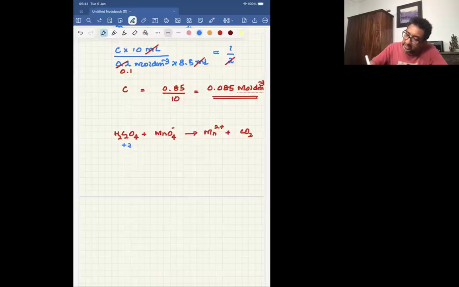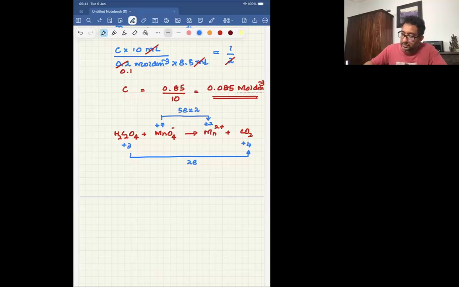Plus 3 turning to plus 4, 1 electron each, that is altogether 2 electrons. This is plus 7, this is plus 2, 5 electrons. Multiply this by 2, this by 5.